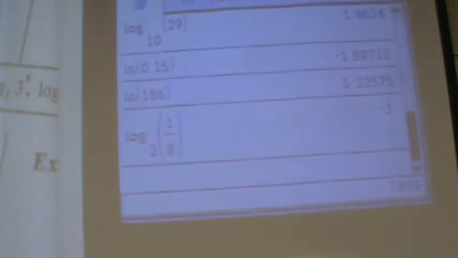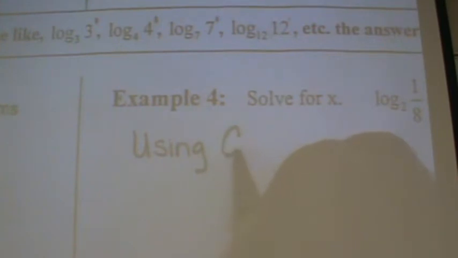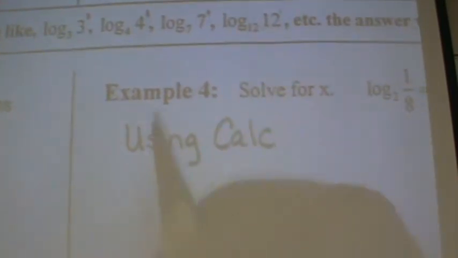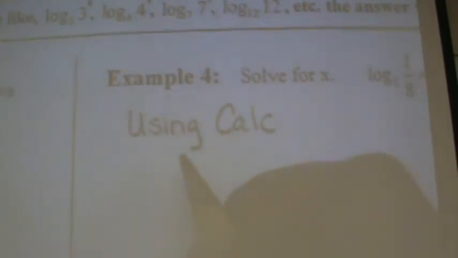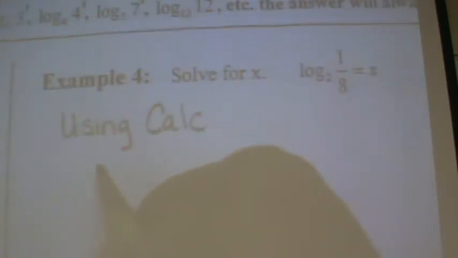So I got an answer of -3 using a calculator. Does everyone understand how to do it? Because you're gonna have a 2-part test. You're gonna have a calculator and a non-calculator. So using the calculator, x is -3. You just type it in. How about without?